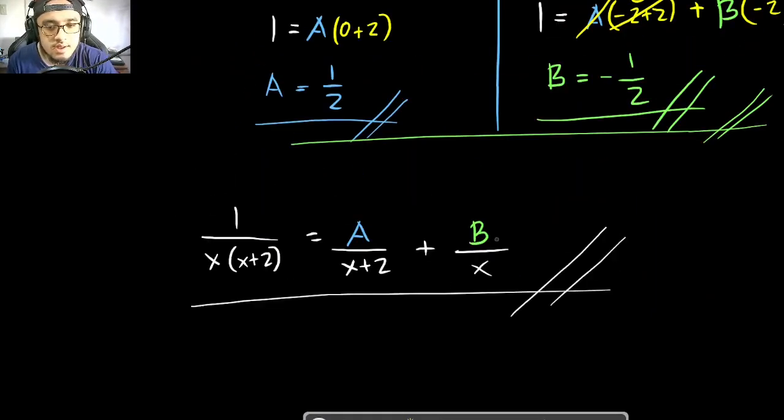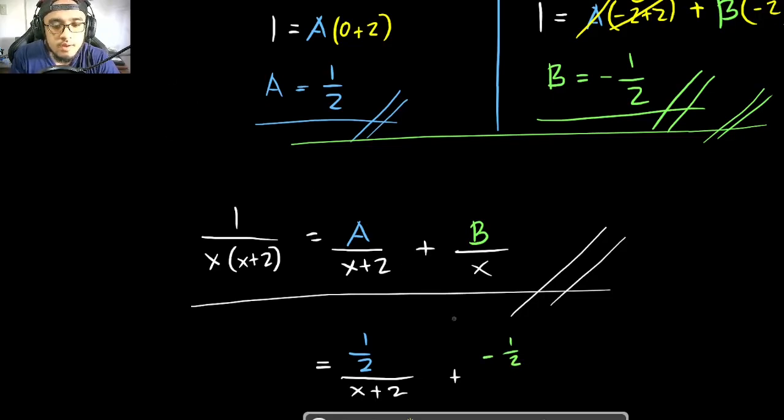So this is now equal to 1/2 divided by x plus 2, plus -1/2, which is your value for b, so -1/2 divided by x.